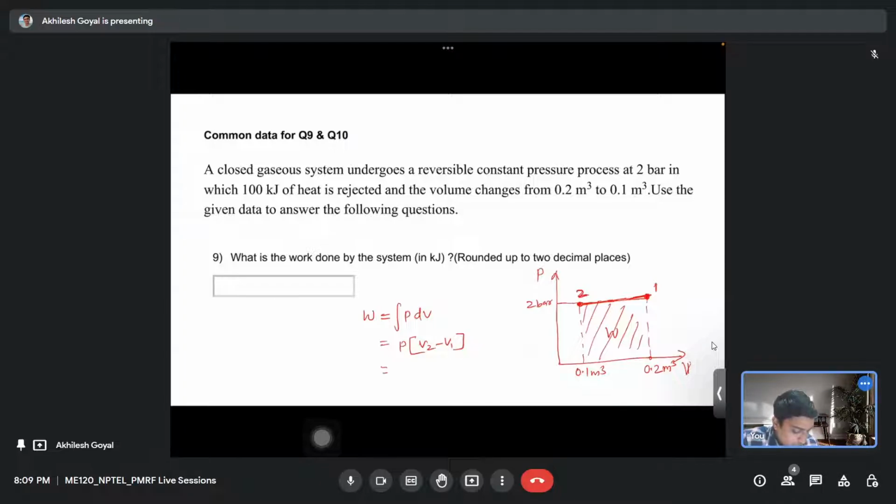Putting the values, pressure is 2 bar, so 2 into 10 raised to power 5, that is in Pascal. And volume changes from point 2 to point 1, so V2 is 0.1 minus 0.2.